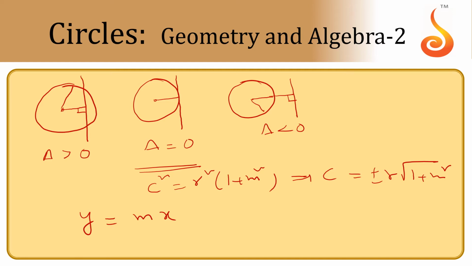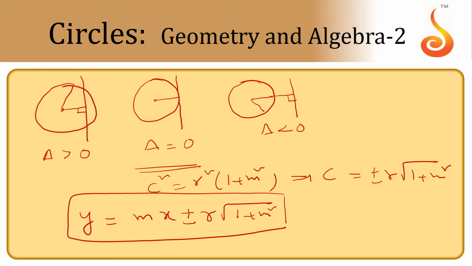Now it is becoming a tangent to the circle. In y equals mx plus c you have two parameters, m and c. But when that line becomes a tangent to the circle, c is expressed by using the radius of the circle and slope. So this equation will have only one parameter, which is the slope.